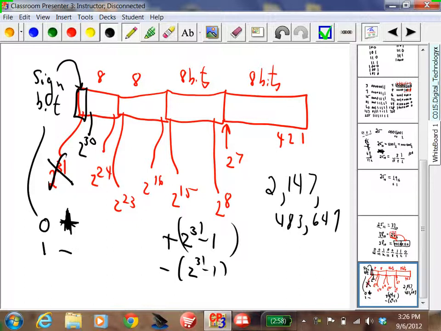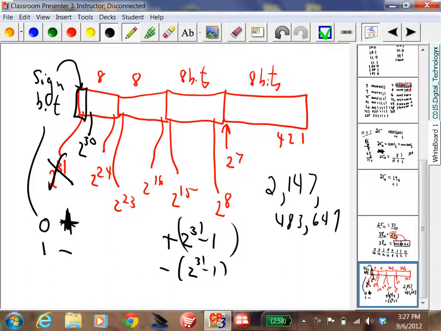It's 2 to the 30th plus 2 to the 29th plus 2 to the 28th plus 2 to the 27th, and so on. That's 2 to the 31 minus 1.